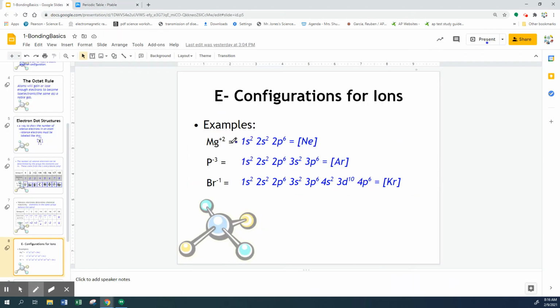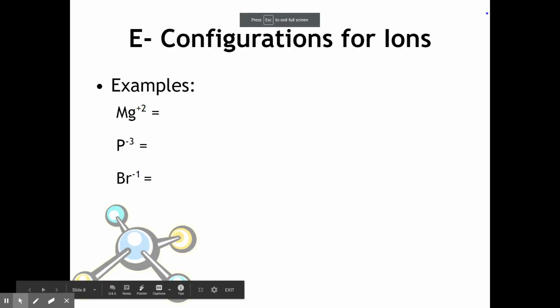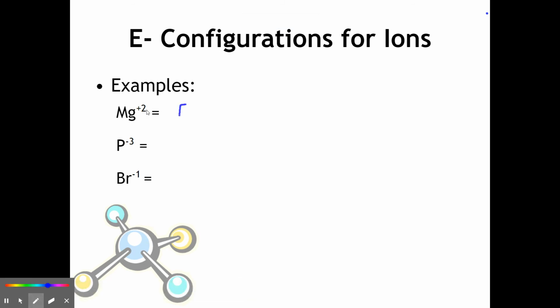So my new element, magnesium +2, is equal to neon. Again, we took those 12 electrons, we subtracted 2 electrons, and we got 10, which is equal to neon.